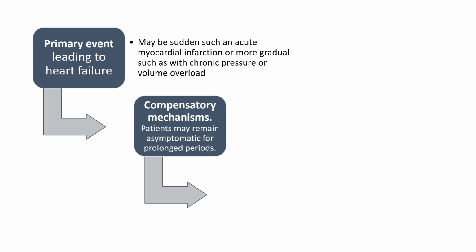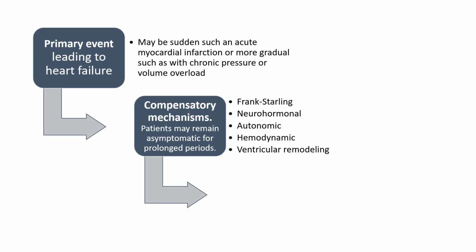Compensatory mechanisms are initiated as a result and occur as the failing heart attempts to maintain adequate function. And patients may remain asymptomatic thanks to these initial compensatory mechanisms for prolonged periods of time. So what are those important compensatory mechanisms?